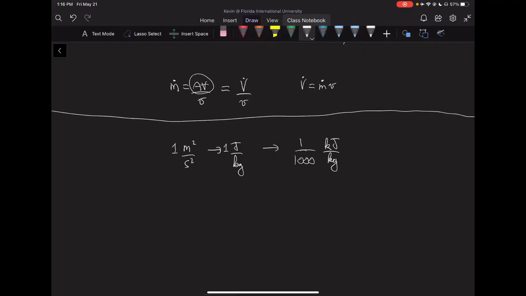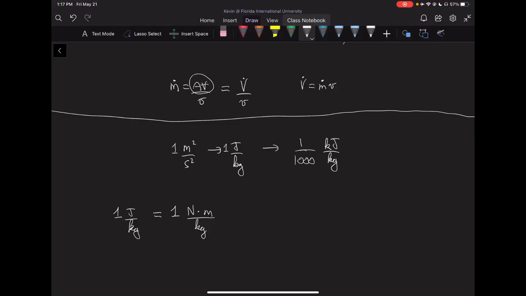If we state that we have 1 joule per kilogram, let's figure out the relation between 1 joule per kilogram and meters squared per second squared, and why that is. We can say that a joule is actually equal to 1 Newton meter. So 1 joule per kilogram is equal to 1 Newton meter per kilogram. Okay, so that's our first relation.